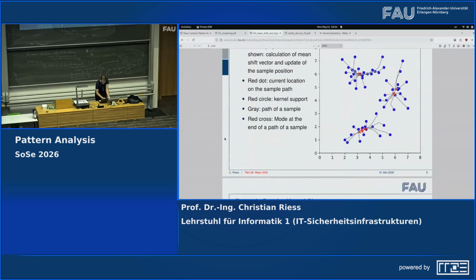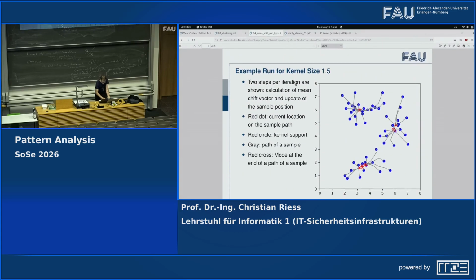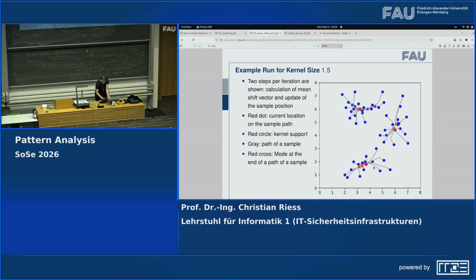Here we have this situation where we locally look at these circular spheres, always calculate the average of the points within the sphere, and move towards some mode in that density. So what does that imply for possible cluster shapes?